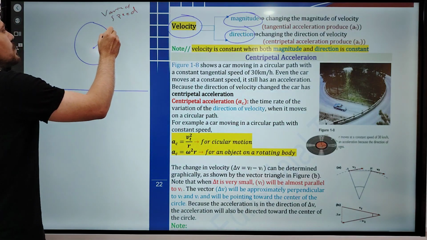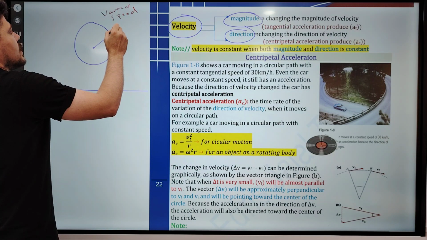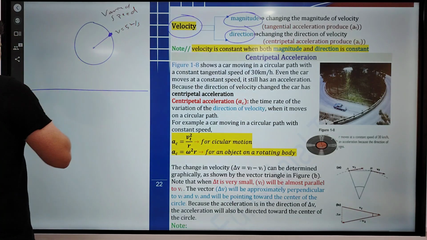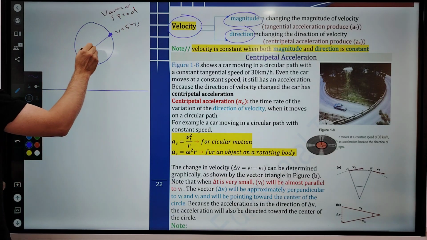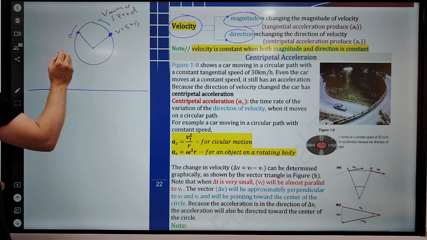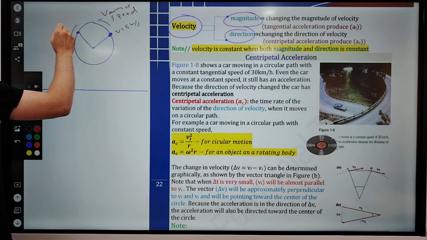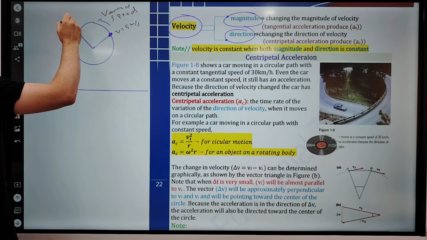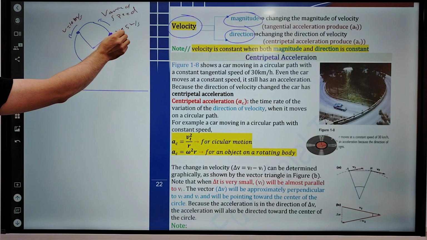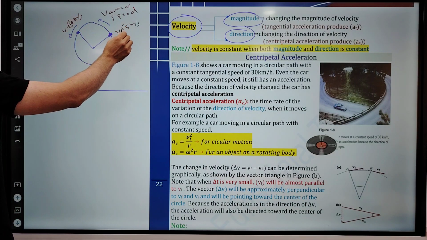For example, at this point the magnitude is equal to 5 meters per second, but at this point, assume the velocity is 10 meters per second. So what happened to the magnitude of the velocity? The magnitude of the velocity changes.